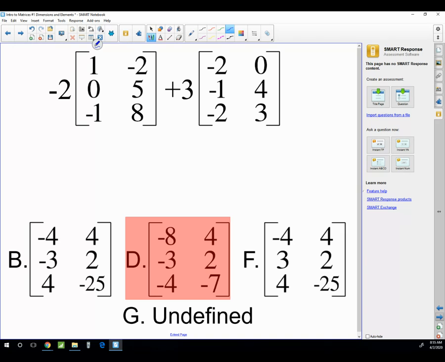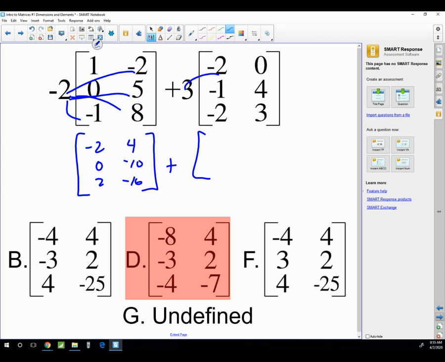I want to do this one. If I make an error, that's just going to be too bad. I'll just fix it or anyway, just deal with it. So that would be -2, 4, 0, -10, 2, -16, plus, and then I'm going to distribute in or scale in the -3. So, I mean, the +3.